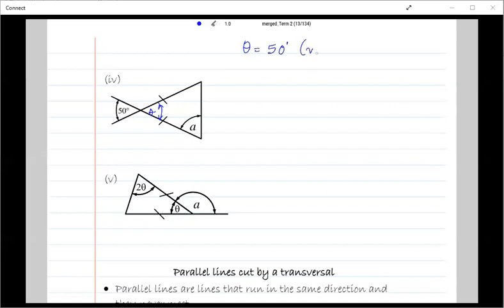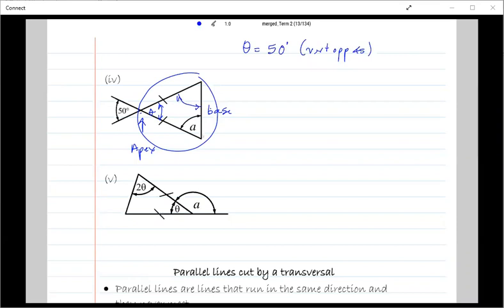They're vertically opposite angles. Tell me something. What type of triangle is this triangle down here? Isosceles. Good. So the two equal sides would meet at the apex. So right there says the apex. Opposite from the apex is the base. The two base angles of an isosceles triangle are equal.